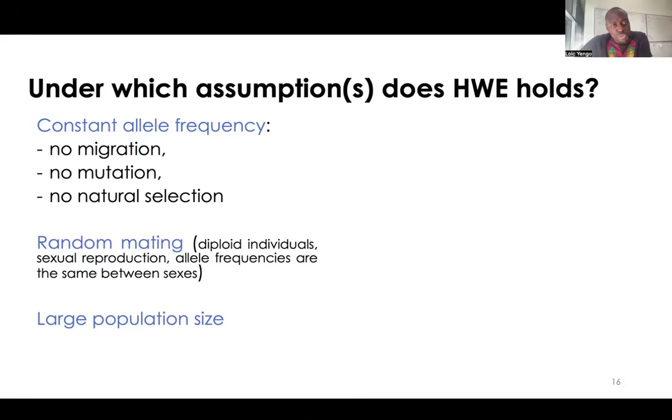Another important assumption underlying the equilibrium is random mating, essentially that the combinations of mates or partners or spouses are largely random. We know that it's not strictly true.